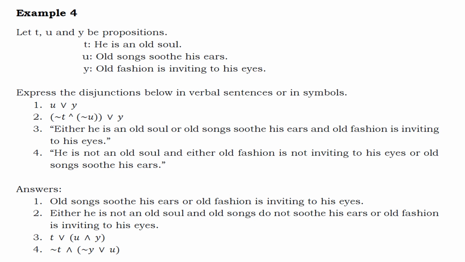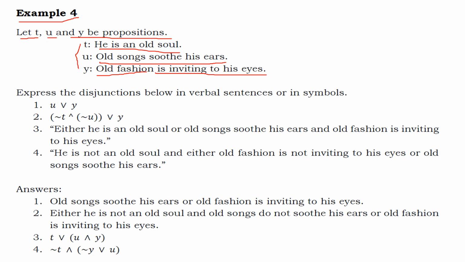Now let's deal with this example number 4. So let T, U, and Y be propositions. Here there are 3 given propositions, your T, U, and Y. For your proposition T, he is an old soul. For proposition U, all songs suit his ears. For your proposition Y, old passion is inviting to his eyes.